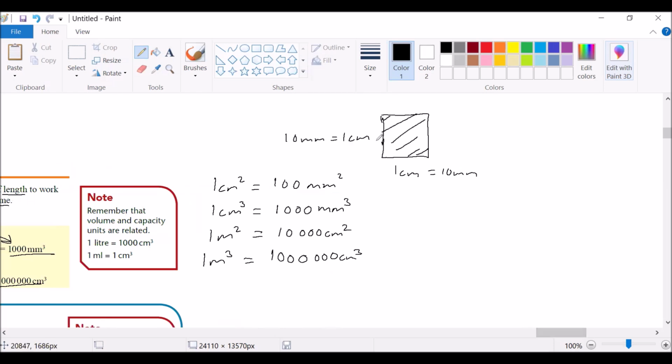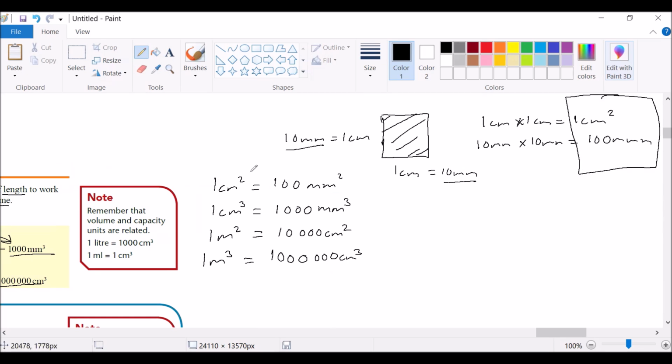So what that means is 1 centimeter times 1 centimeter is equal to 1 square centimeter. To convert to millimeters, we just replace the 1 centimeter with the 10 millimeters times 10 millimeters, which will give us 100 square millimeters. So this is the conversion of square centimeters to square millimeters.